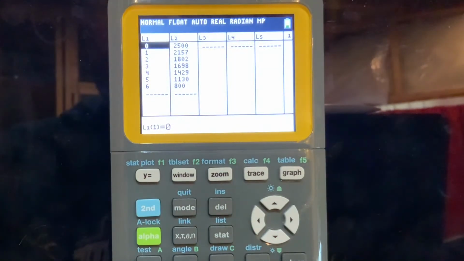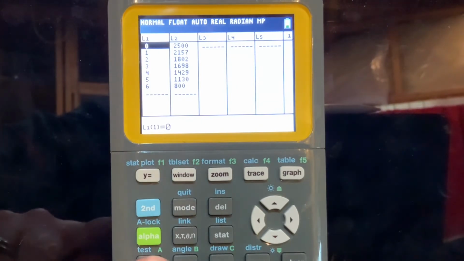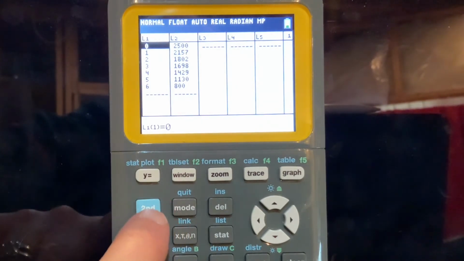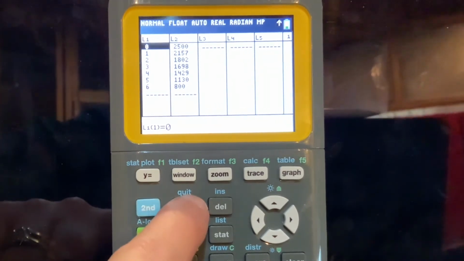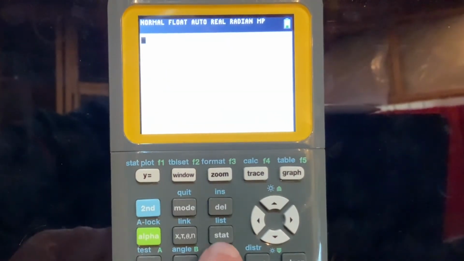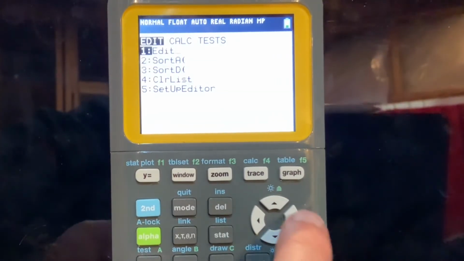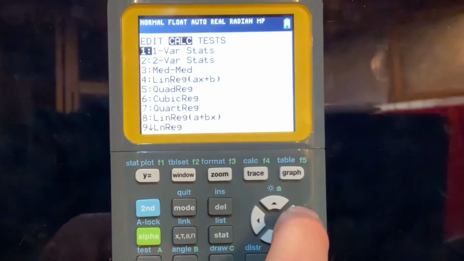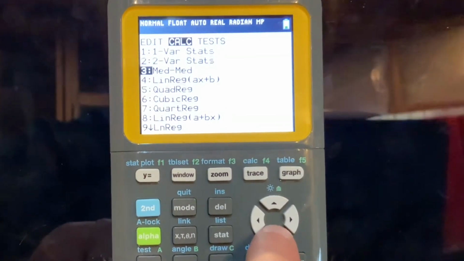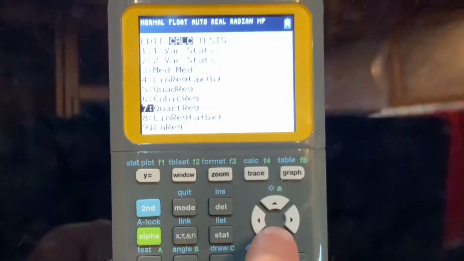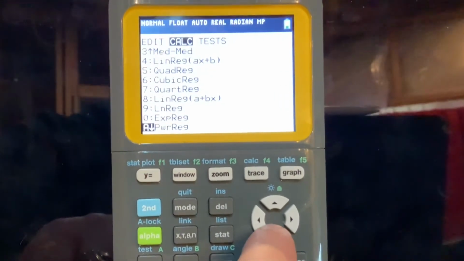Now, since we're told this is exponential growth or decay, we are going to go to our home screen. So hit second, quit. And now we're going to hit the Stat button again. We are going to do a calculation, so push 1 to the right. We're going to choose exponential regression. Sorry for the shaky cam.